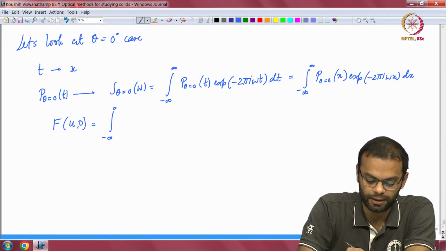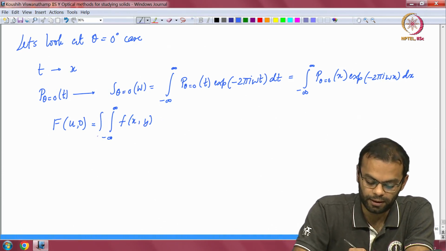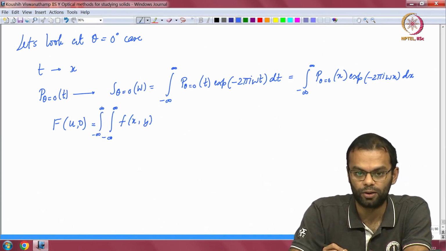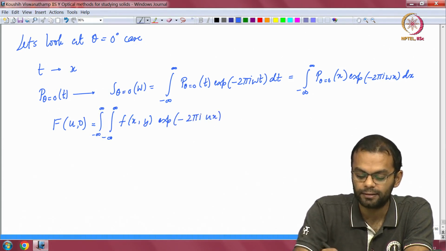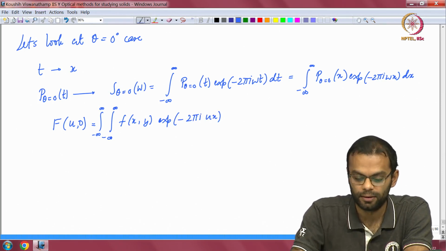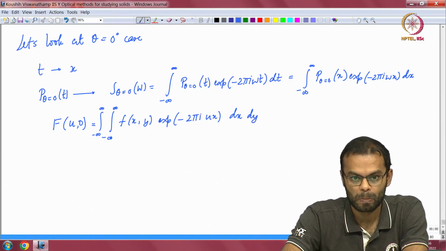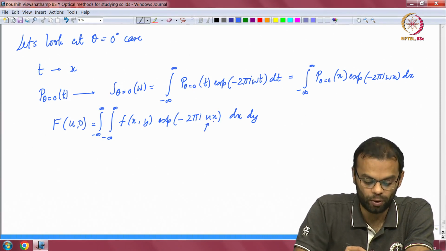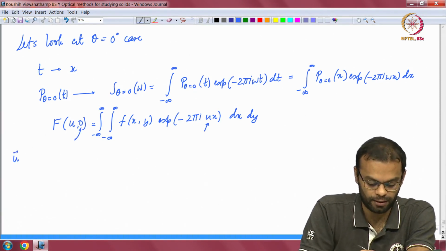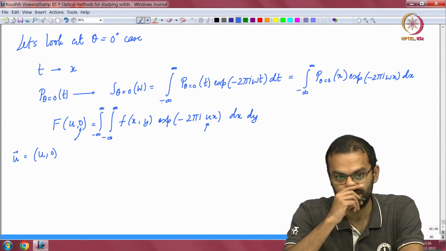So it is minus infinity plus infinity f of x comma y double integral, because you are integrating over x and y, exponential minus 2 pi I u x, because v is 0, dx dy. Okay. There is no v here because v is equal to 0. So we are looking at the frequency vector u bar is basically u comma 0, right, just to see if we can relate the two of these two integrals.